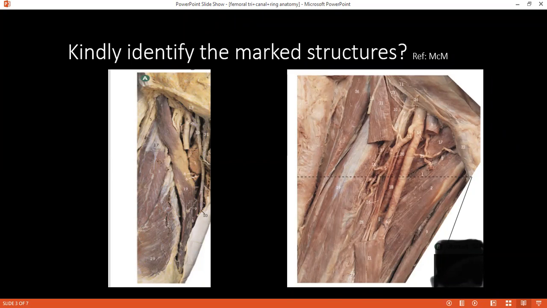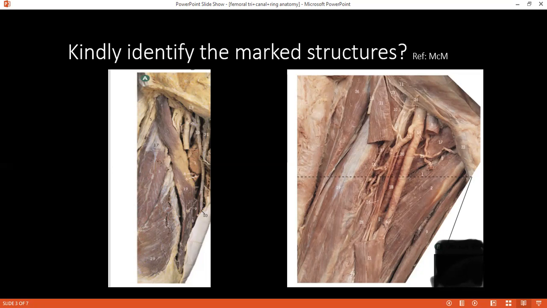All right. Can you tell me what is the midpoint of the inguinal ligament? Midpoint of inguinal ligament is the midpoint of the attachment of inguinal ligament. How is it different from the mid-inguinal point?